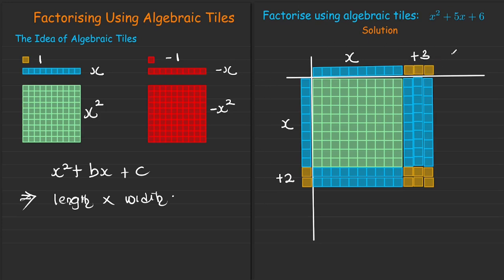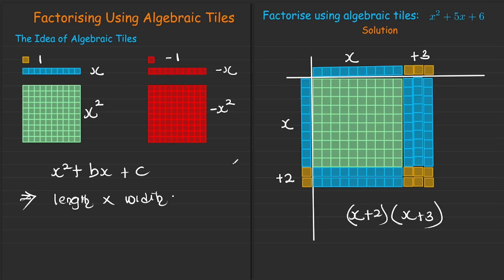So just with this, we have the solution to our factorization, and that is x plus 2 in one bracket, then in another bracket, we have x, then plus 3. This becomes the factorization of this quadratic expression.